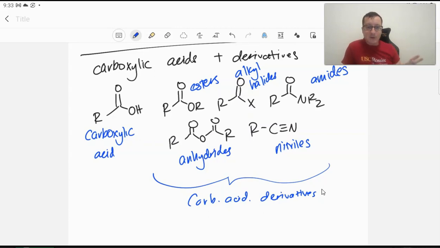And so we're going to be focusing first a little bit on carboxylic acids. We'll talk about nomenclature as well. And we will then talk about each of these groups really. So lots of reactions, but we're going to see they're all essentially the same. It just depends. We're going to see that alkyl halides will just be the most reactive, then anhydrides, then esters, then the acids themselves, then the amides, and nitriles do their own thing.